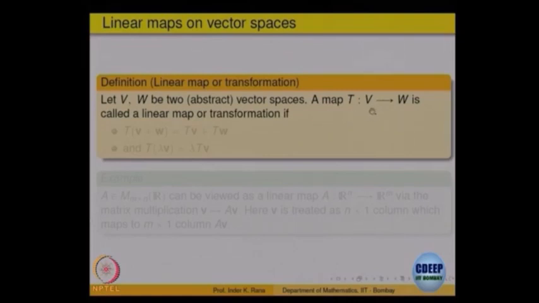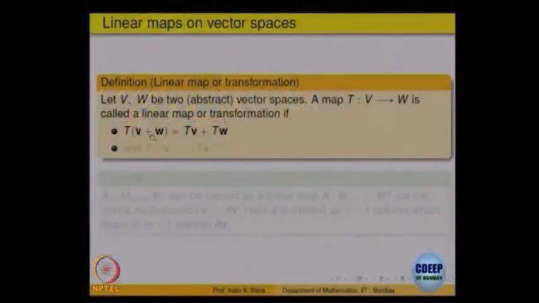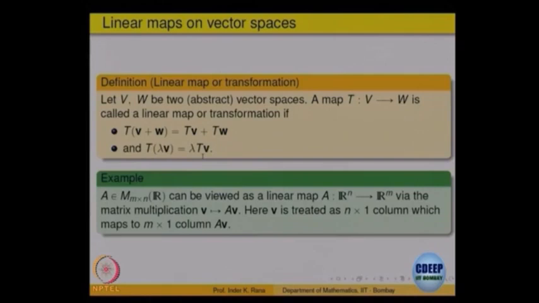Then a map T between V and W is called a linear map if it takes the linear structure here to the linear structure there. That means, if you take addition in the vector space V and take their images, that gives you the addition in W. So, this addition is in W, this addition is in V. T of V plus W is T V plus T W, and similarly for scalar multiples.